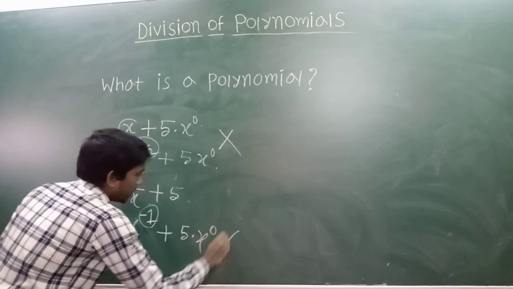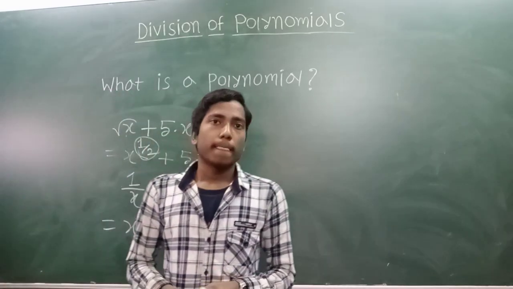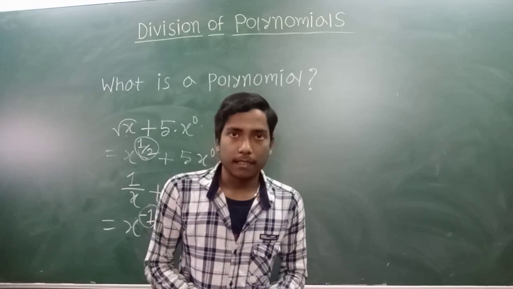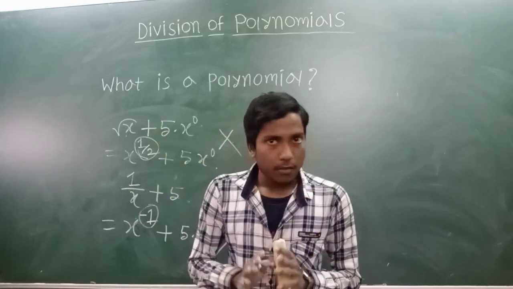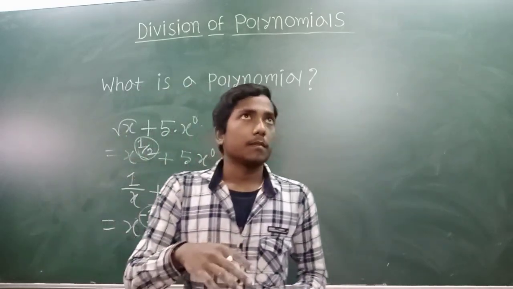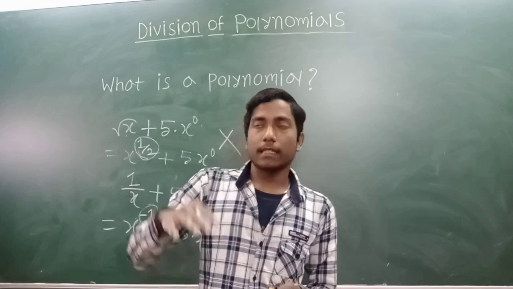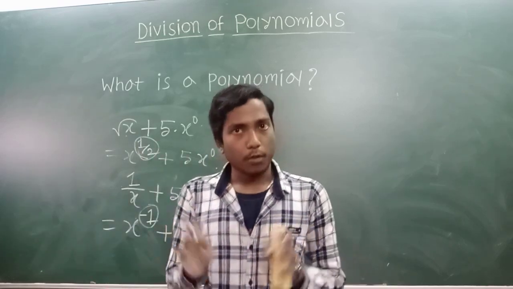So this is also not a polynomial in x. Okay students, so you have to remember, when you see x under any radical term like root x, cube root of x, these kind of expressions are not polynomials. Okay. Also, if you see x in the denominator and the numerator is a constant, in that case, this kind of expression is not a polynomial.